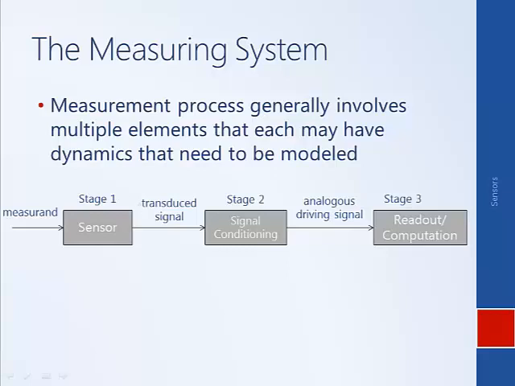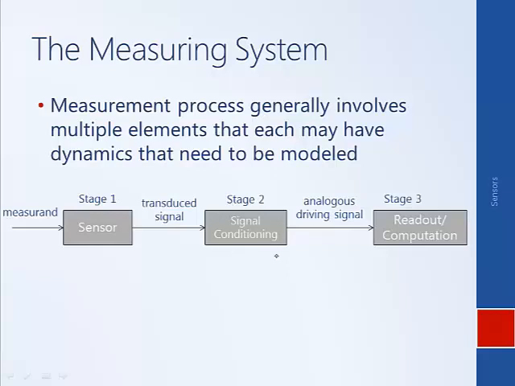So the first stage of our measurement system is the sensor. It's dynamic. It may not react instantaneously. The output of the sensor may take time to react when the quantity being measured changes. And so we may need to model this sensor as a transfer function or a differential equation to understand how the dynamics affect the larger control system.